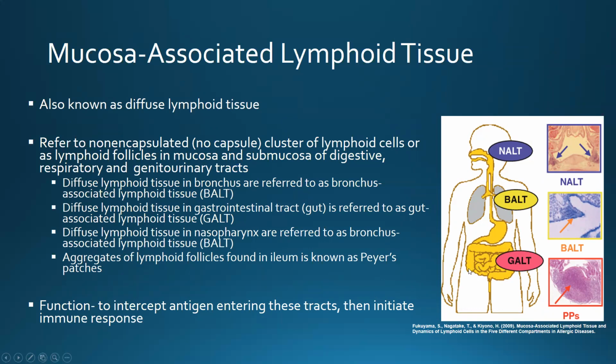When you hear that a person has appendicitis that needs removal, that means the appendix is infected and the person needs surgery to remove it. The appendix is one of the lymphoid organs. The function of MALT is to intercept antigens entering this tract, then initiate an immune response.